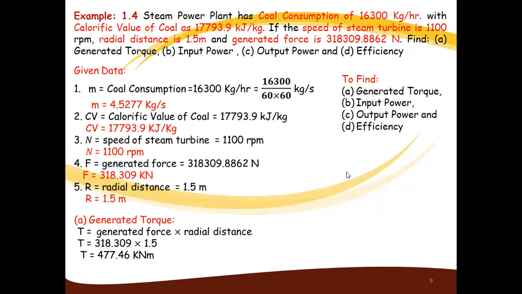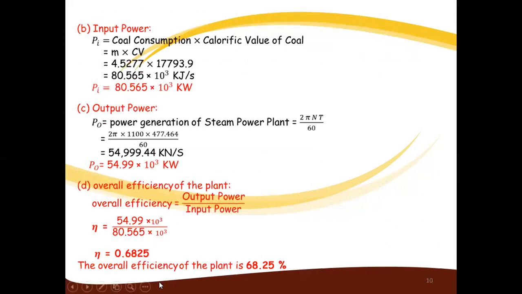So next is input power. So input power is coal consumption into calorific value of coal. So M into CV, 4.5277 into 17,793.9.